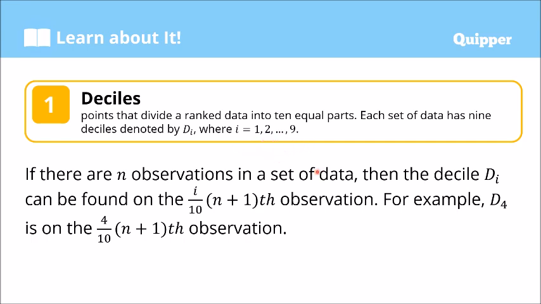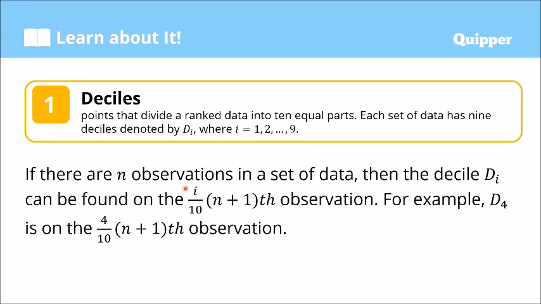So remember, it divides the ranked data into 10 equal parts, but there are only 9 deciles: D sub 1, D sub 2, D sub 3 up to D sub 9. We have no D sub 10. Why? Later, I will show you the illustration of deciles.